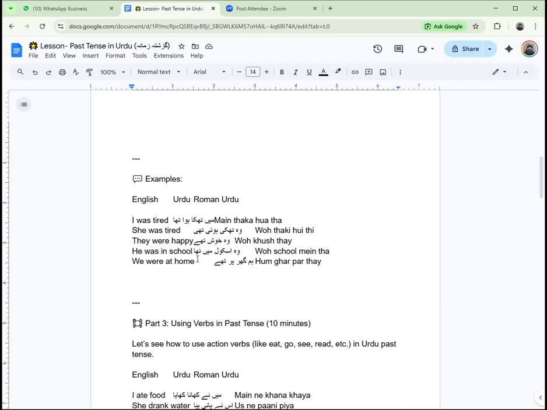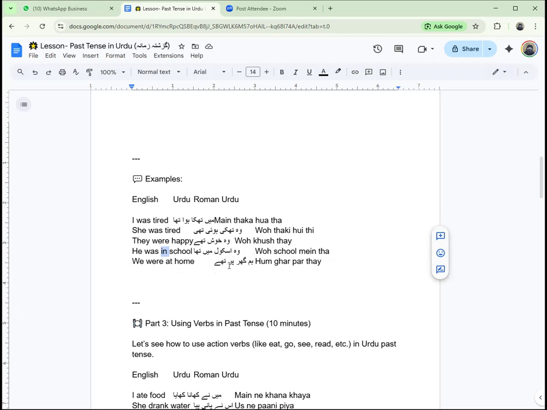He was in school. वो स्कूल में था. वो स्कूल में था. He was in the school. The में here is translated into in because में in Urdu is a preposition. We were at home. हम घर पर थे.